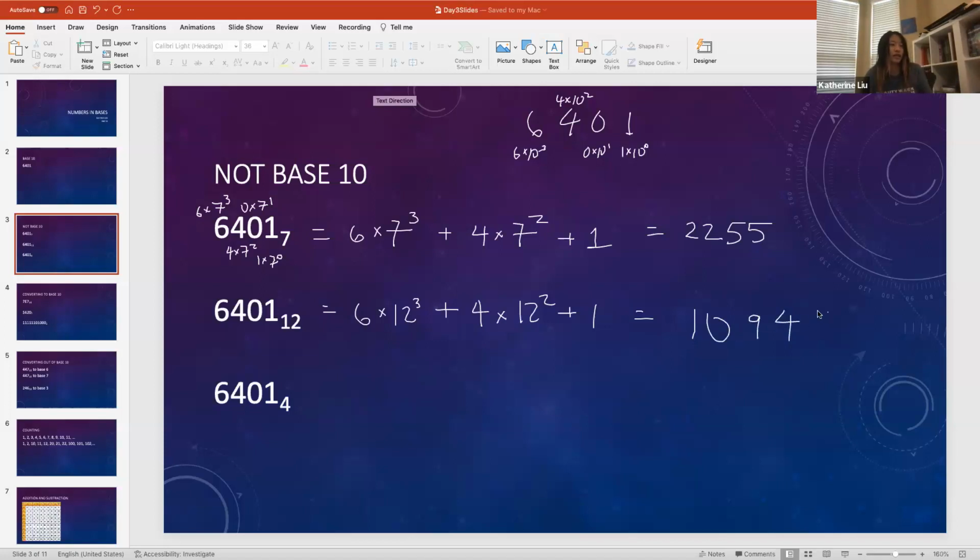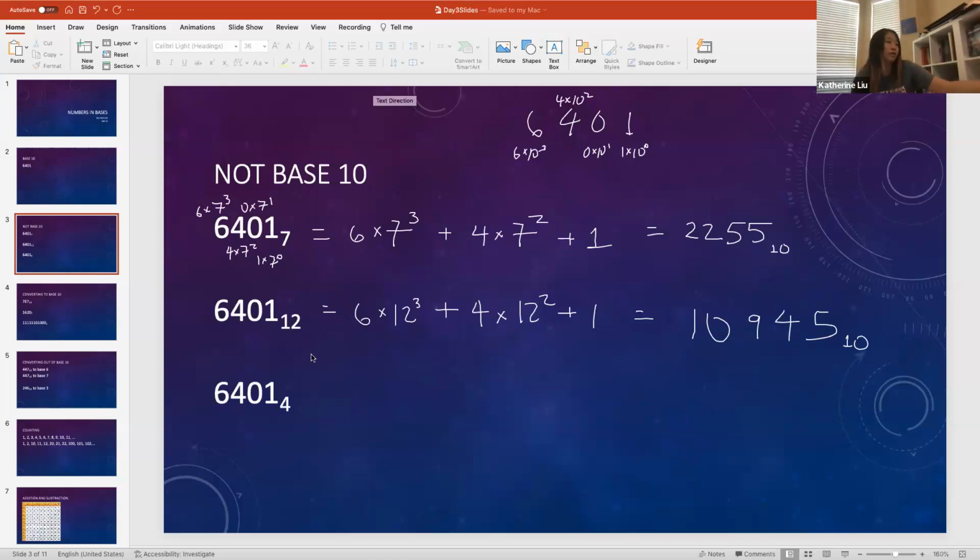Okay, and this one is 10945. And I want you to notice that even though we started with the same number, right? It looks the same. It's 6401 base 7 and 6401 base 12. But in the end, this number was a lot greater when we converted them to base 10. And we can just put the little 10 subscript there, even though it's not necessary.